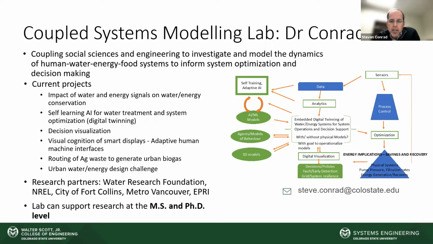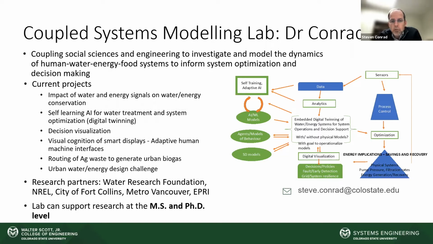Some of the projects that are going on currently in the lab include investigating the impact of different types of conservation signals. So imagine you receive a notice in your mail that says how much energy you were using when you were flushing your toilet as opposed to the amount of water, and vice versa, since there's an integration and connection between water and energy.